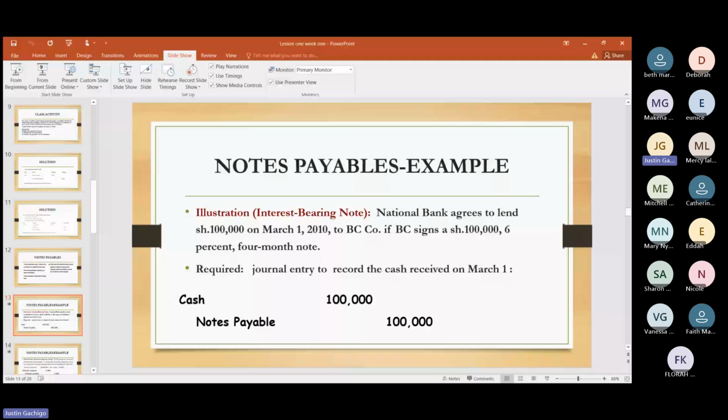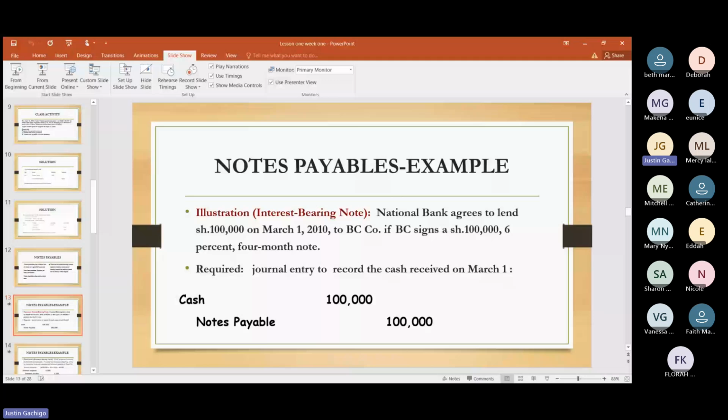So in this case, BC has received money from National Bank, so they debit cash, and then they credit the notes payable. That is the initial entry that they are going to have in their books.